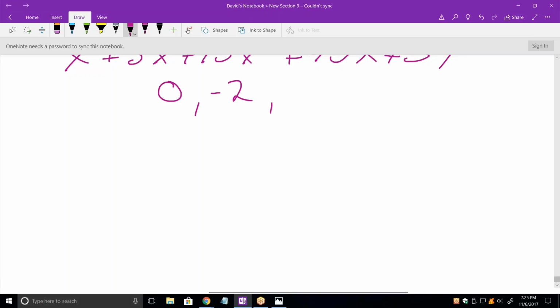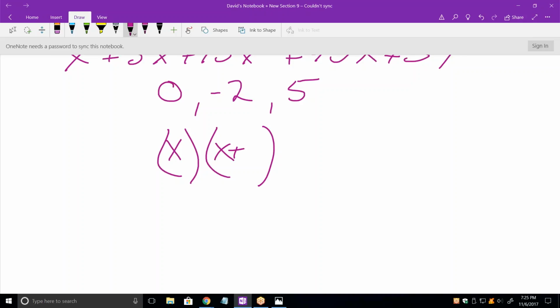What are the three factors? So it'd be x minus 0, which is just x. One factor. So x plus 2, x minus 5.